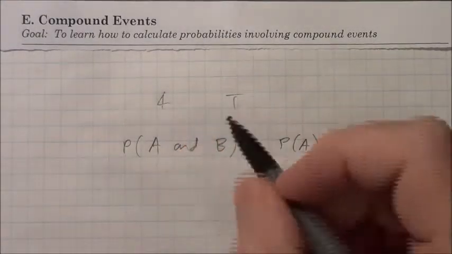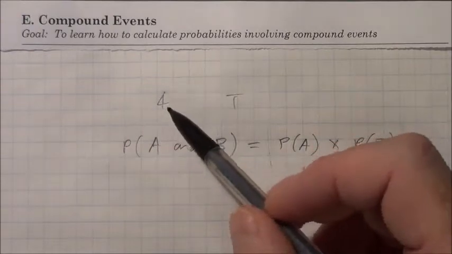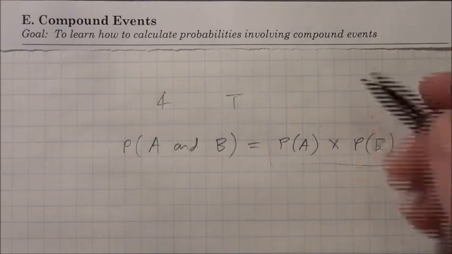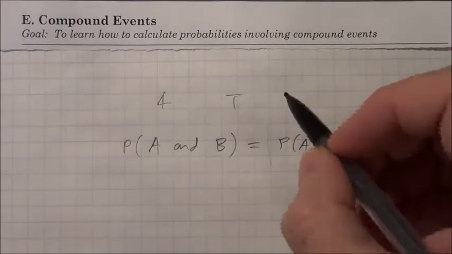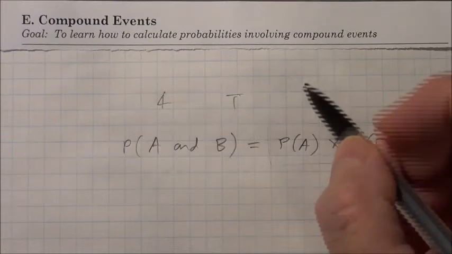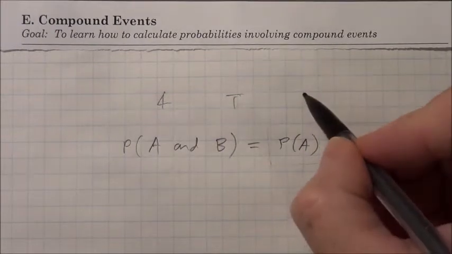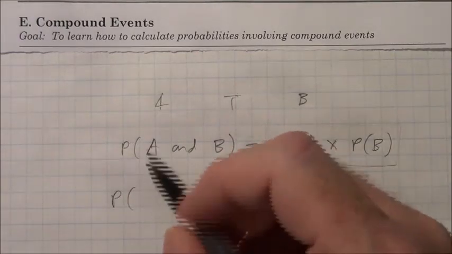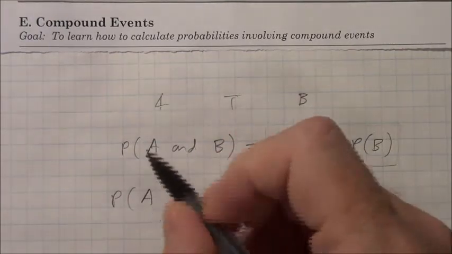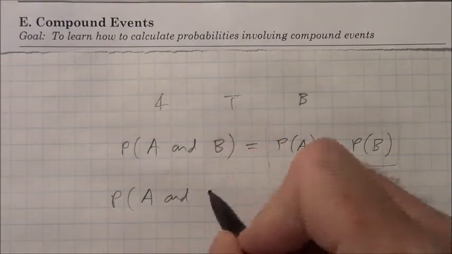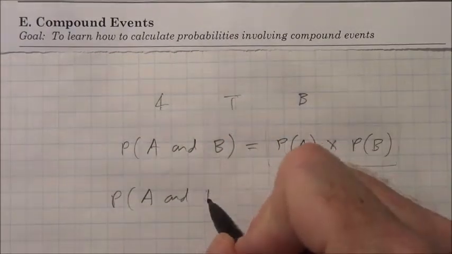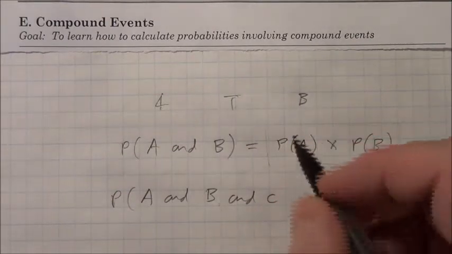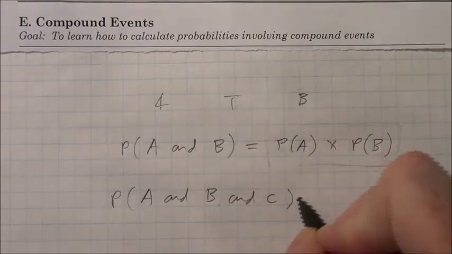Suppose we had three things that we were doing. Suppose we were rolling a die, tossing a coin, and choosing a colored marble out of a bag. And you'll find that there will be lots of examples of pulling a marble out of a bag. So let's say we've got the probability of A, which is rolling the die, the probability of B, tossing a coin, and the probability of C, choosing a blue marble out of a bag.